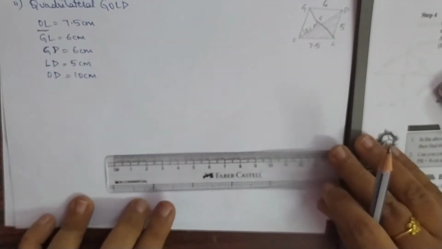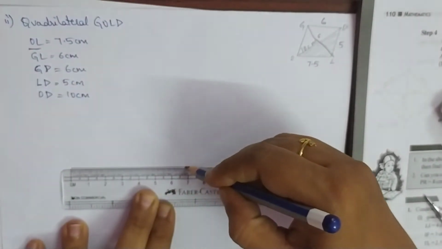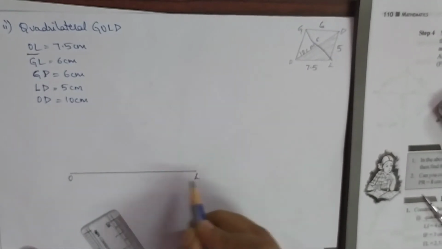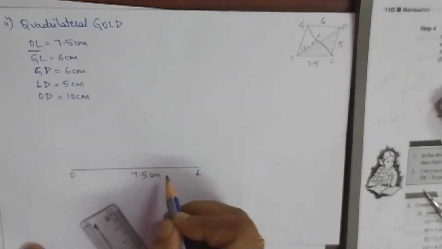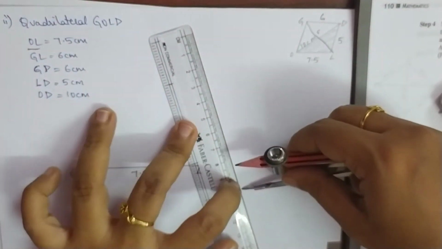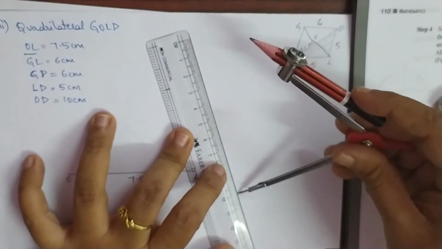So let us start with the 7.5 measurement. From 0 till 7.5, this is OL, 7.5 centimeters. Then I need OD, 10 centimeters. So open your compass. Yes, it's going to be a big measurement.